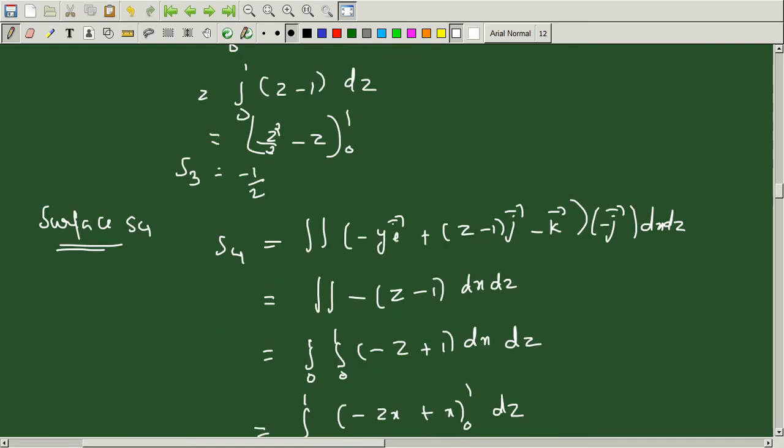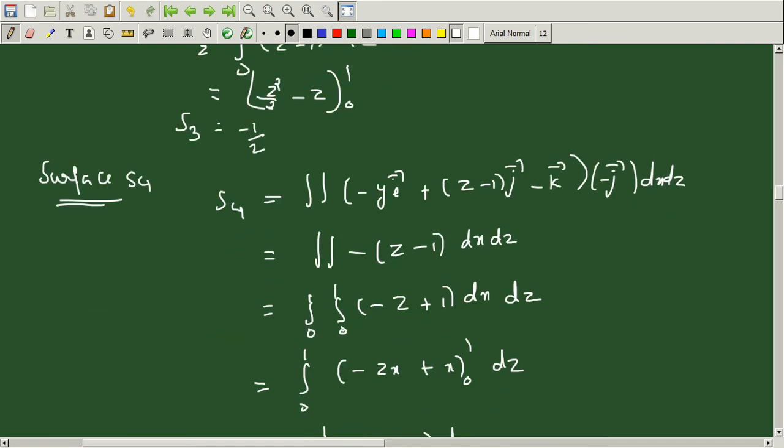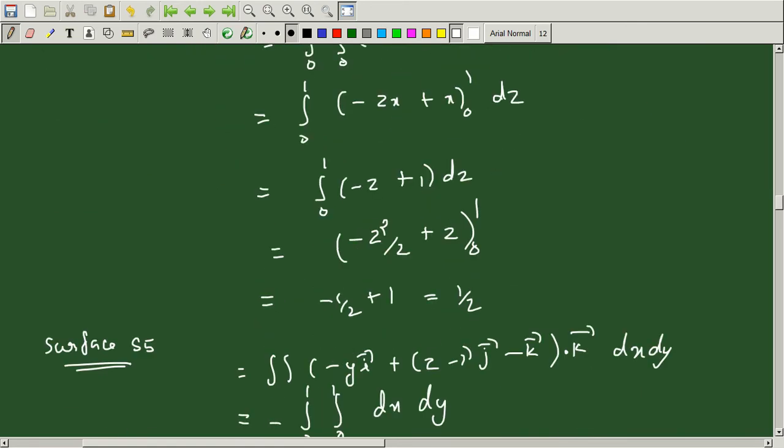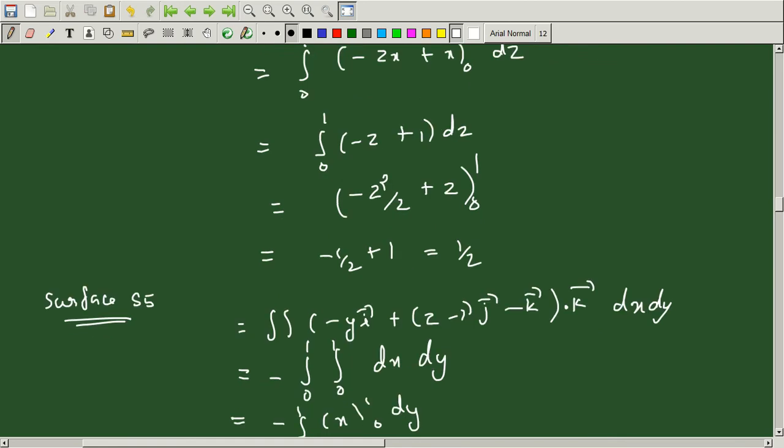So similarly, we need to calculate S4. For the S4 surface, the unit vector is the minus j direction, j dot j is 1. So here it is the negative direction, so take the negative. Bring the negative inside and do the integration following the procedure. We are getting 1 by 2. Similarly, the S5 surface.